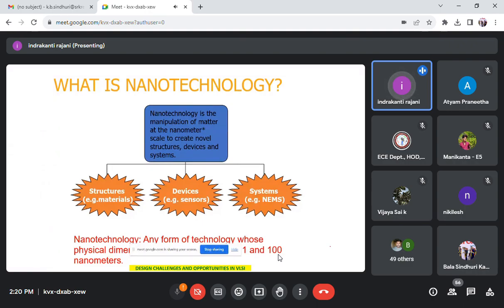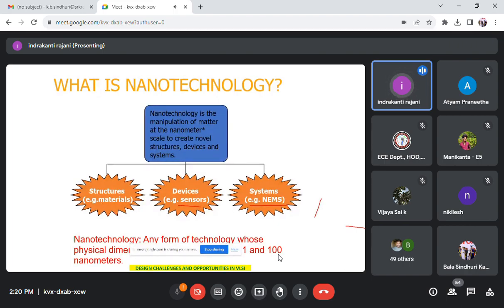You can create materials, structures, and devices, and make systems and sensors. Here especially VLSI, very large scale integrated circuits, are much more related to these devices and systems.